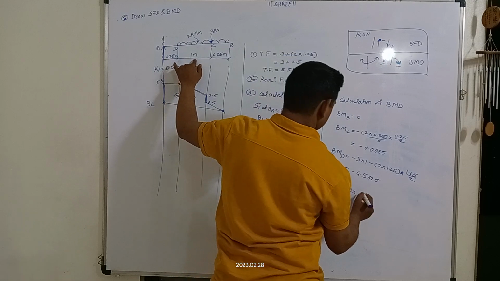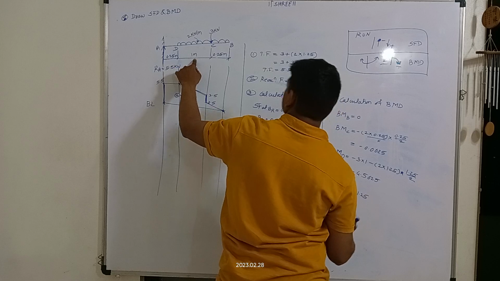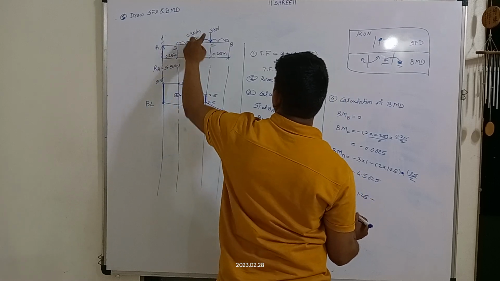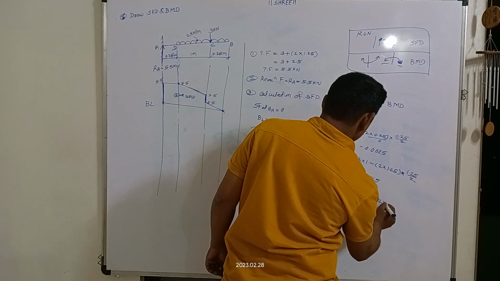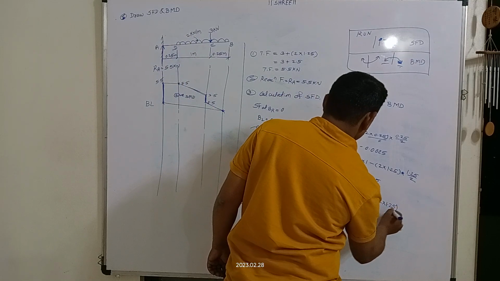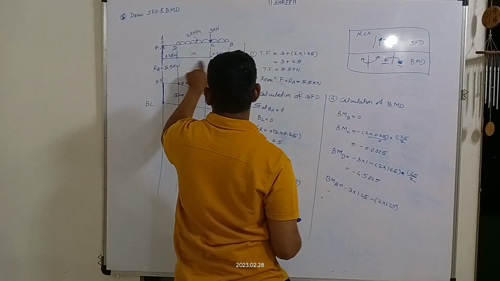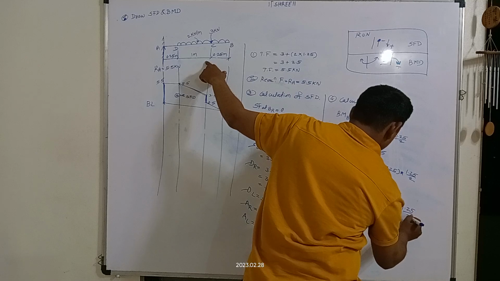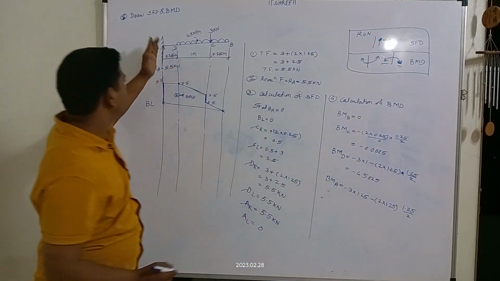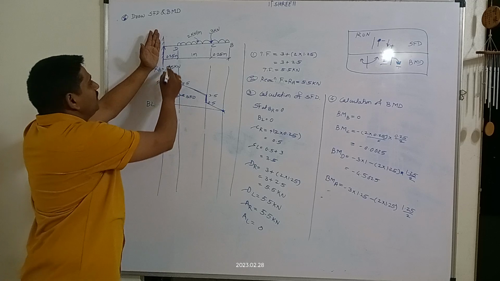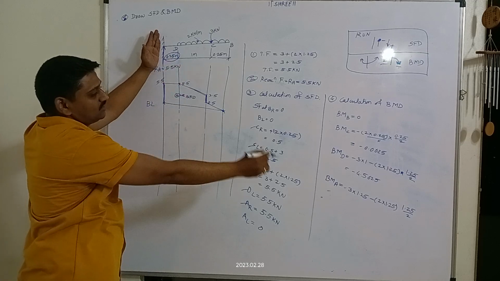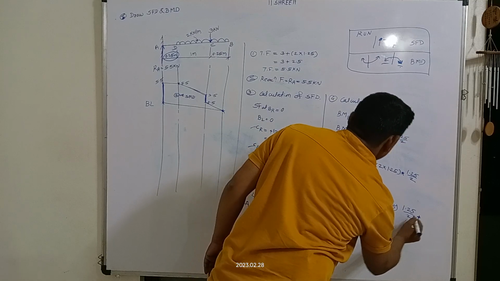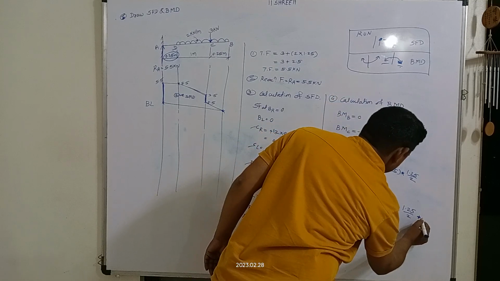And last, bending moment at point A is equal to force into perpendicular distance, 3 into 1.25, minus the whole UDL, means 2 into 1.25, which acts at the middle, means 1.25 divided by 2. But since we are taking from point A, we also add this distance, so we write plus 0.25.